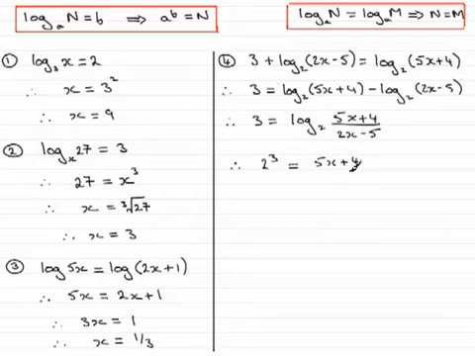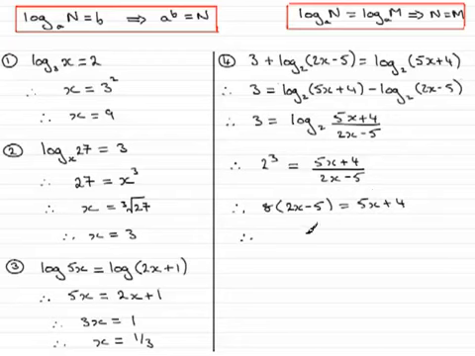So we'll write that in, 5x plus 4 over 2x minus 5. Now 2 cubed we know is 8. And so if I multiply both sides by 2x minus 5, I've got 8 multiplied by 2x minus 5 equals 5x plus 4.